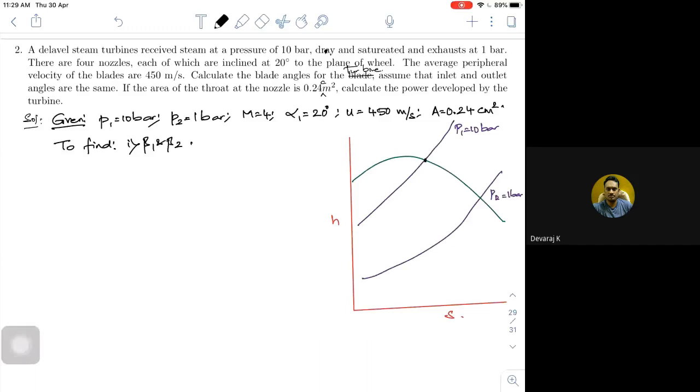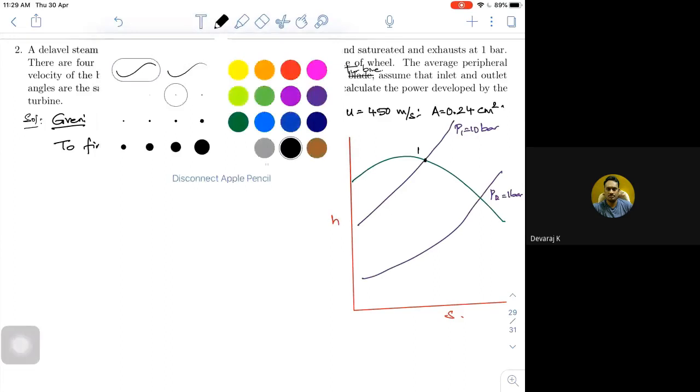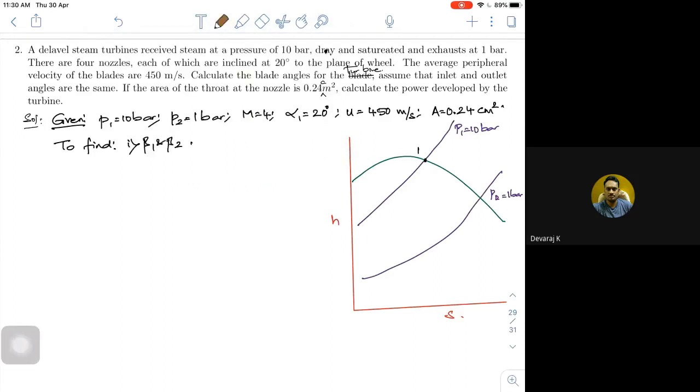because the condition given in the numerical statement is that it is dry and saturated. So from here, if I expand it isentropically, I may reach this particular point. I call it 2 dash.